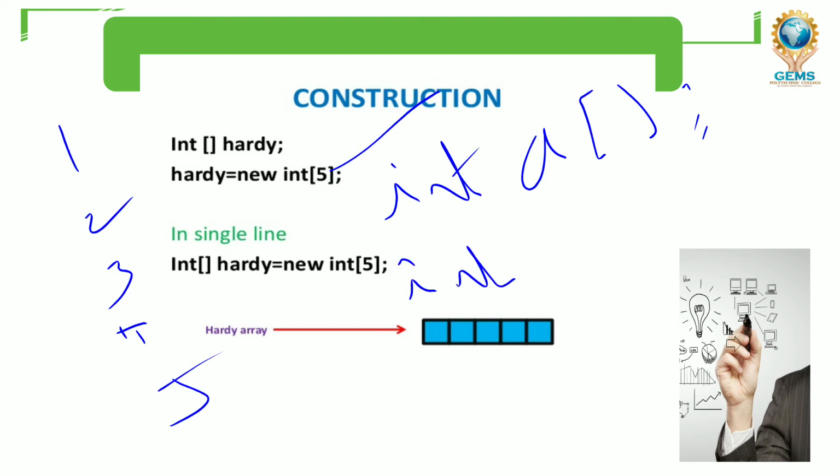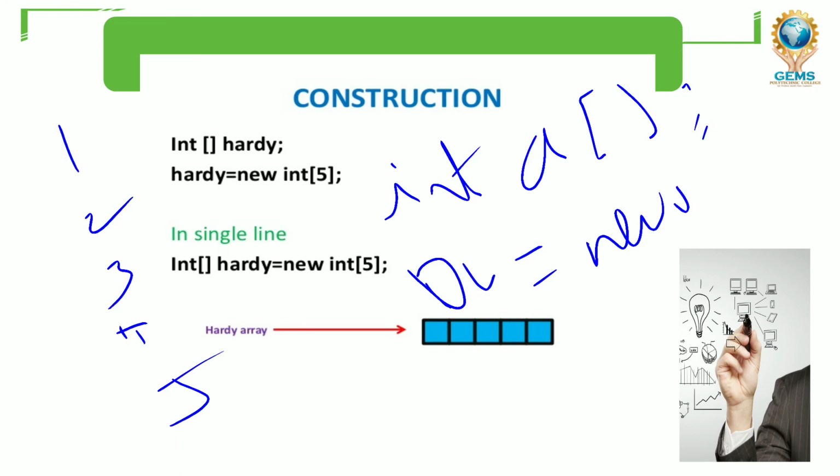Now the array name, that is a equal new. New is the operator that helps you initialize an object in a programming language.